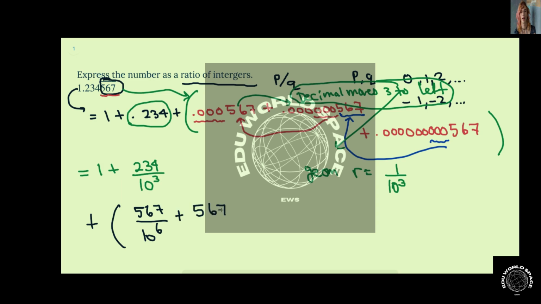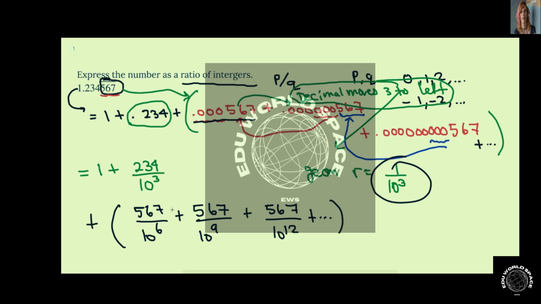And then since we multiply by this each time, 3 to the left, we'll have a 9 there, and so on. And here I should have put the dots to indicate that the sum continues. So again, the first term I had to put a 6 on the bottom there because this is 6 places after the decimal.